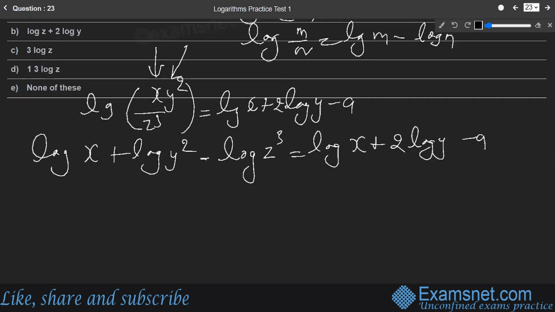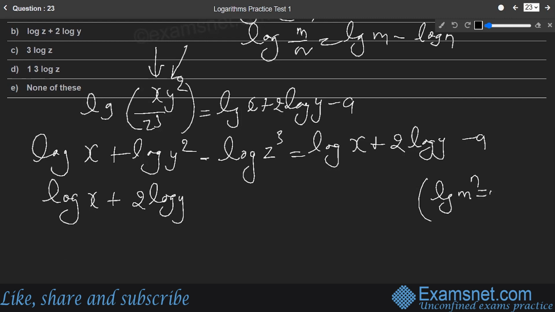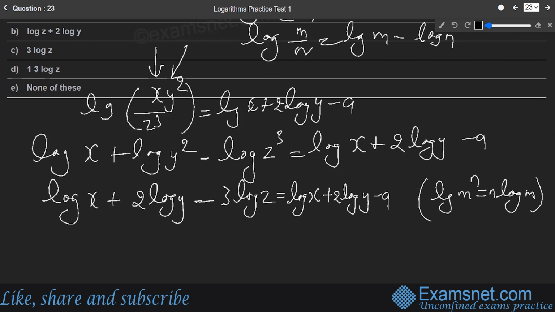Now let us try to simplify it further. Log x plus log y square can be written as log x plus 2 log y. The property used is log m to the power n is always n log m. Similarly, log z cube can also be written as 3 log z. The same property is being used. Is equal to, on the right hand side, log x plus 2 log y minus a.